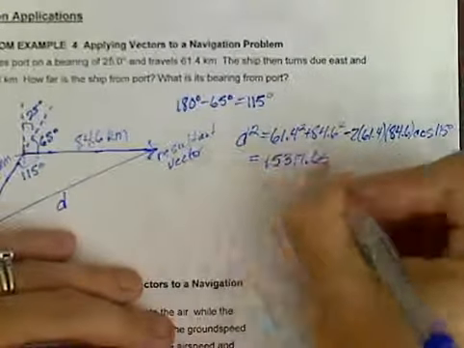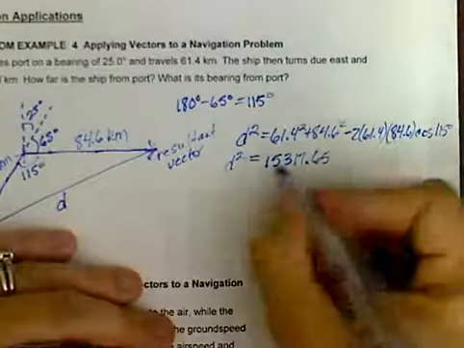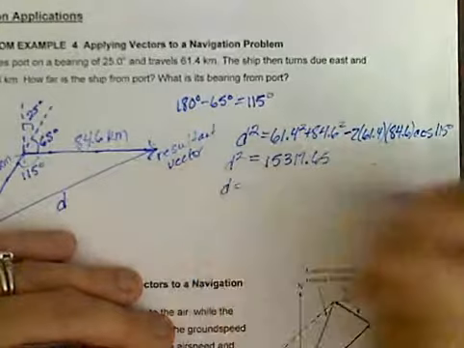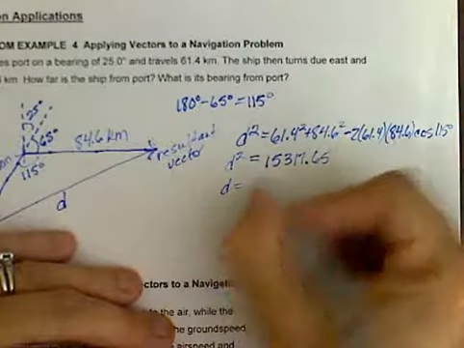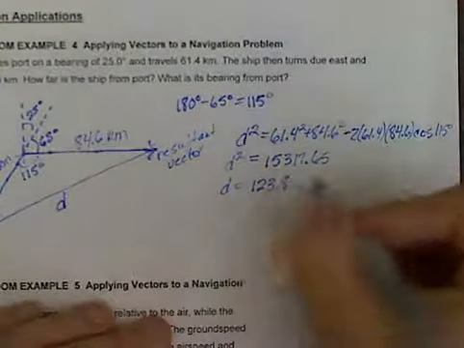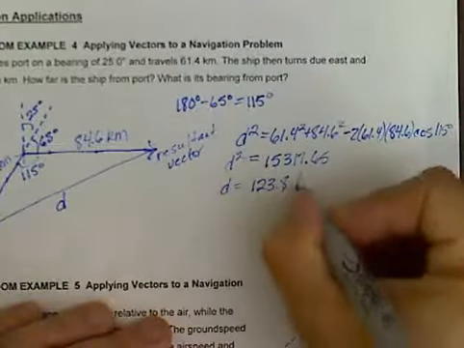If we work all that out, we get something like this for D squared. Then we take the square root of both sides to get our approximate answer for the distance, which is 123.8 kilometers.